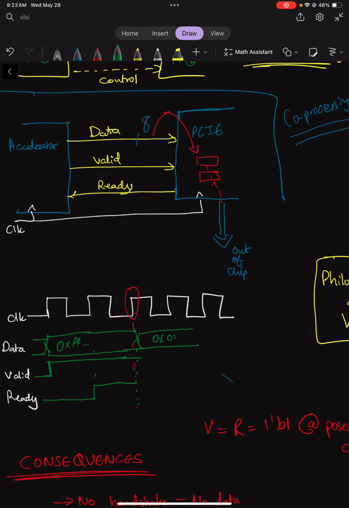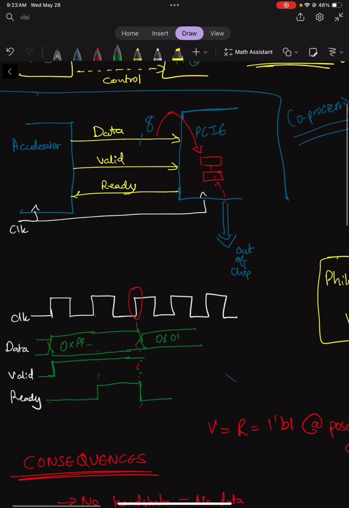Now, same scenario, if the ready was to go low from PCIe's side right after this sampling, then this data value will not be changed until the ready goes high again.